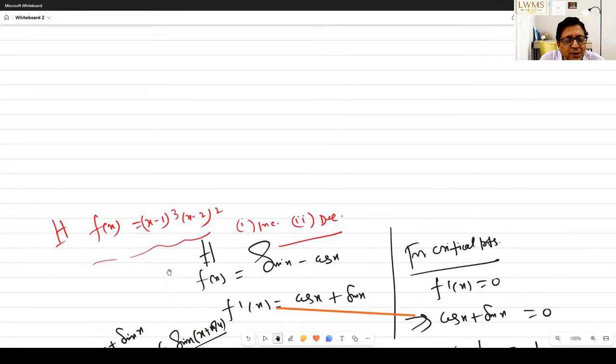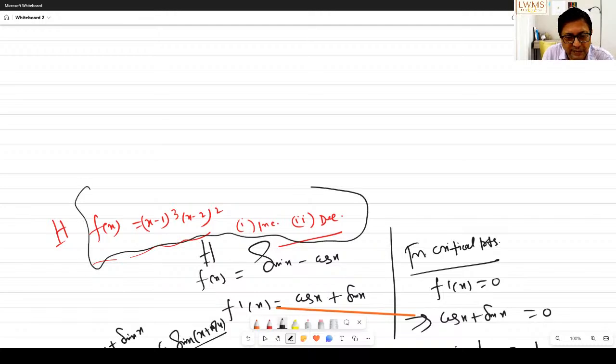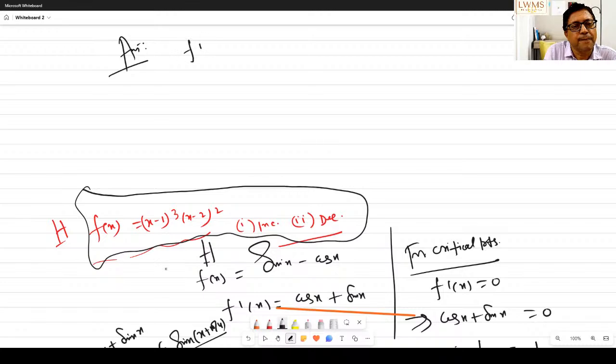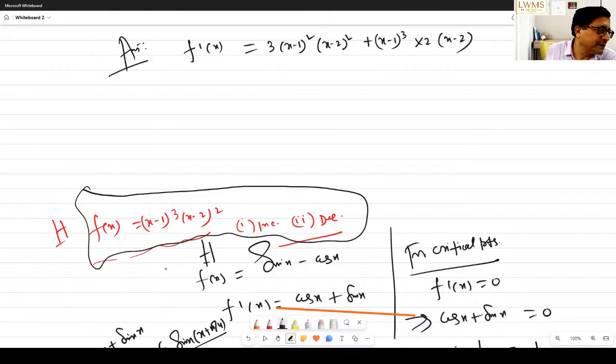Function is this: x minus 1 whole cube, x minus 2 square. Okay, I will help. So we'll start answering this way. F dash x we find. Isn't it? This is f dash x.